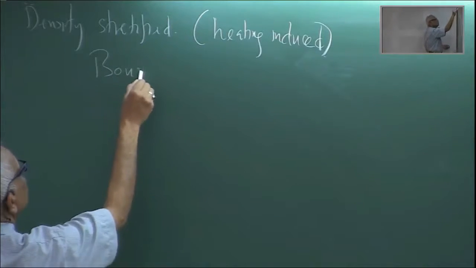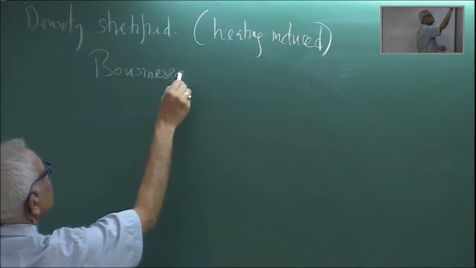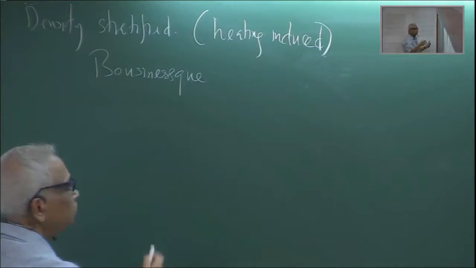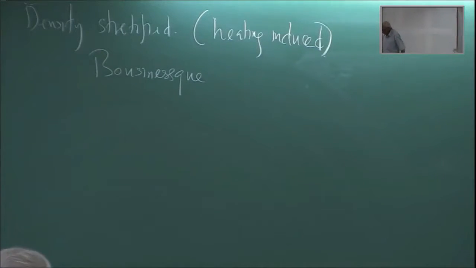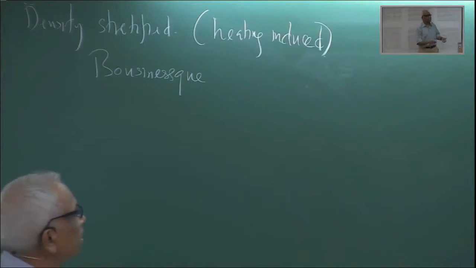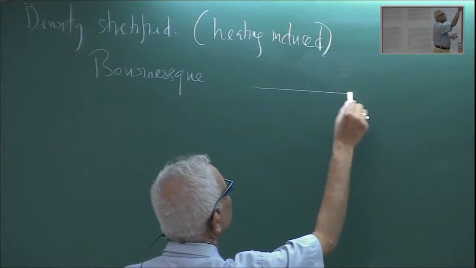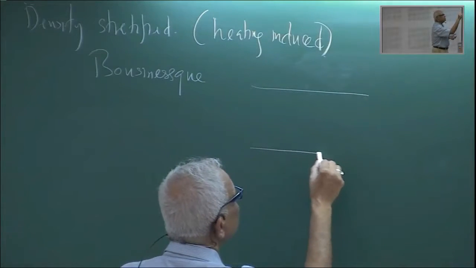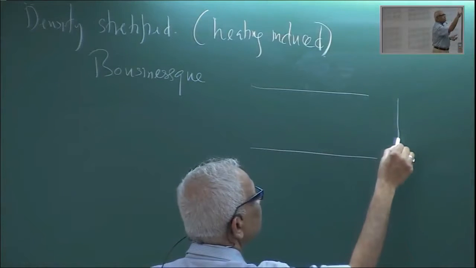The Boussinesq approximation is that you keep only the lowest fluctuation in the steady state density, and that takes part in the buoyancy term, and the rest of it is dropped.